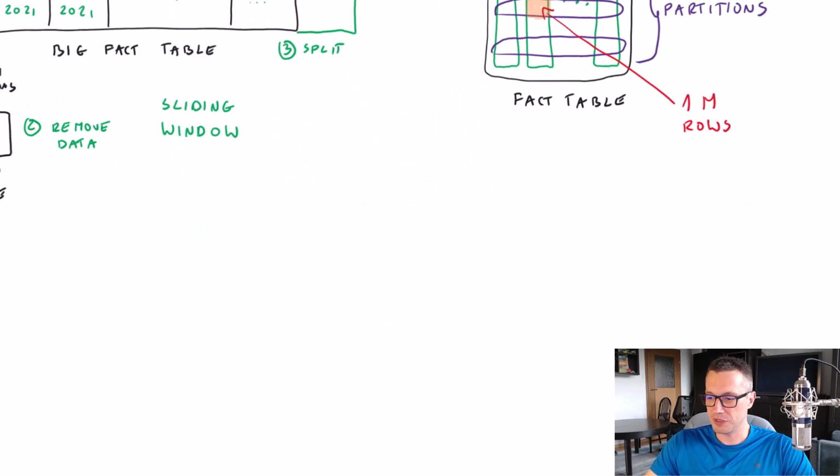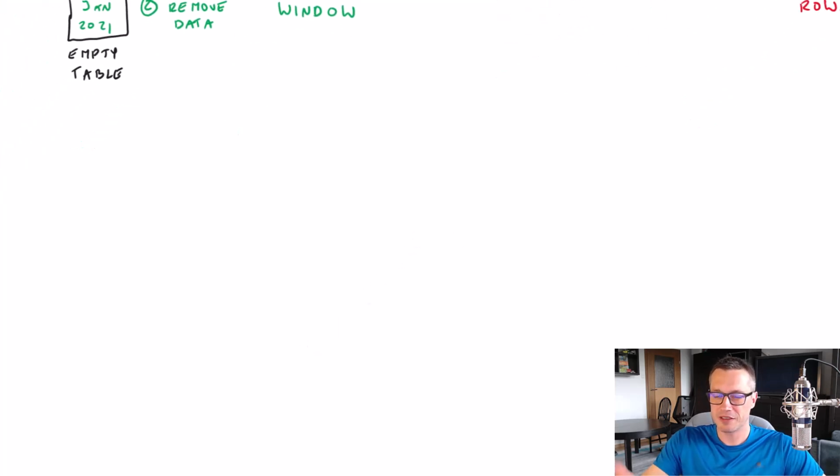All right, so that's how it works, but then how do we actually partition our data? What's the syntax and how does it work? So it works like this. When you create a table, you use the CREATE TABLE statement. That's obvious, right? So let's do this. Create table, and you would give it a name. You would set its definition, the list of columns, data types, and so on.